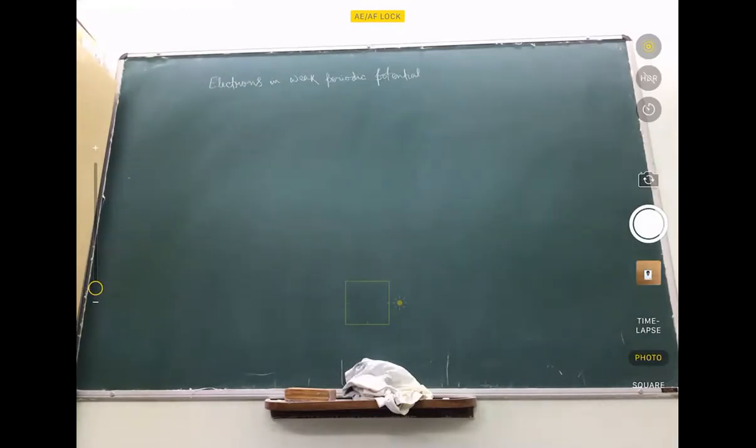So in a way, we are looking at this weak periodic potential as a perturbation on the free electron energy levels and asking the question, how are they affected? How much do the electronic energies and wave functions change because of this weak periodic potential?